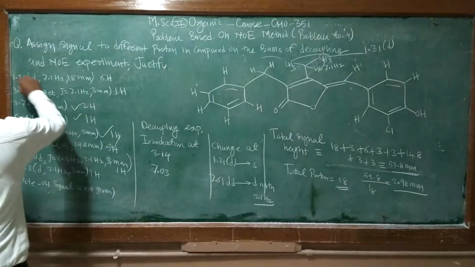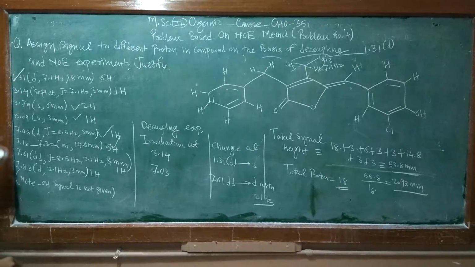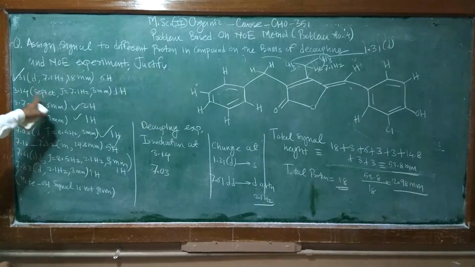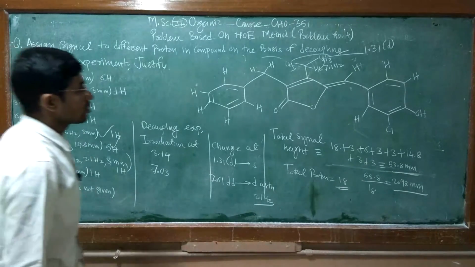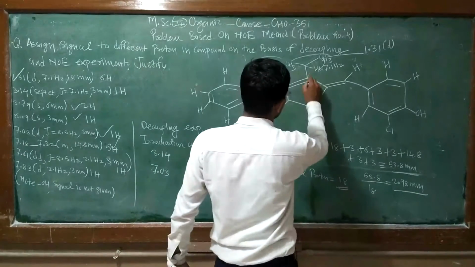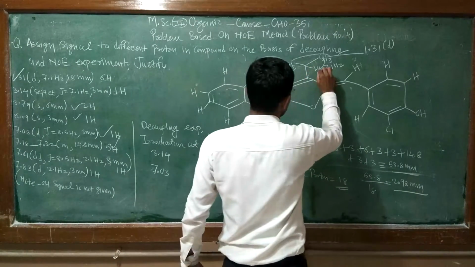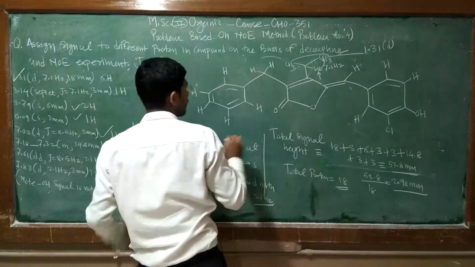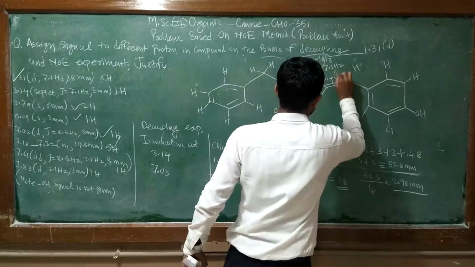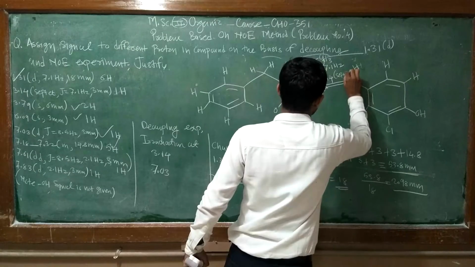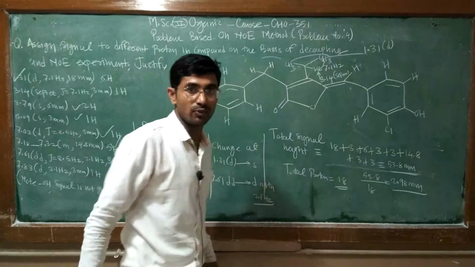So the signal is 1.31. Then next is 3.40, a septet with 7.1 hertz, meaning these two methyl groups couple with this proton attached at this position. Because of that we observe the value 3.40 as a septet, because of 6 neighboring protons with vicinal coupling.